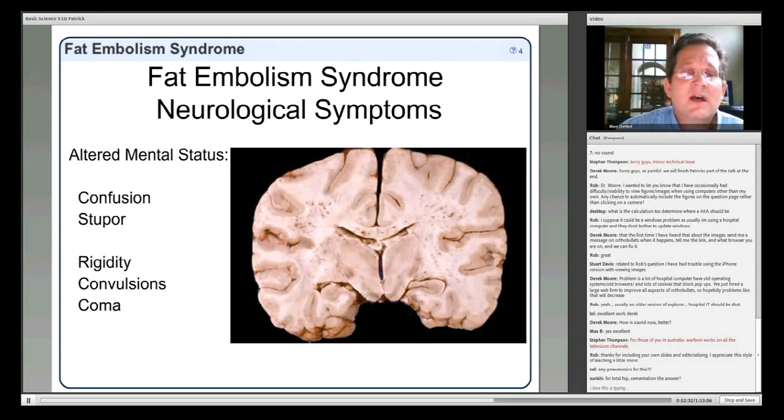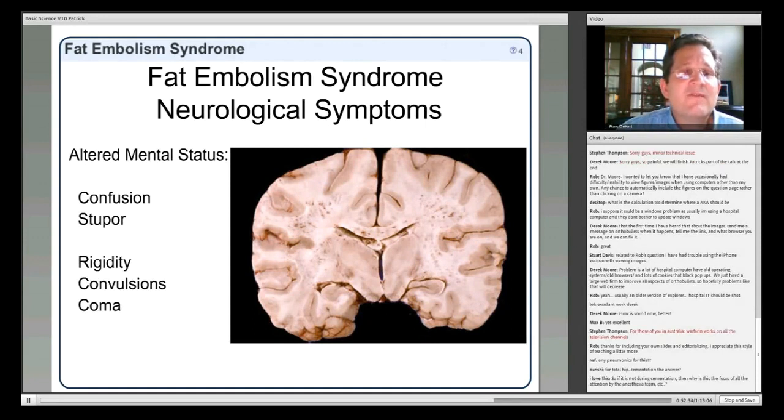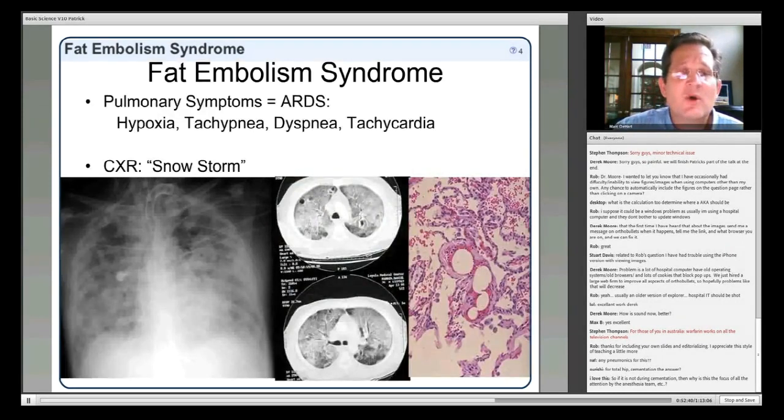This is an autopsy specimen from someone who had fat embolism syndrome, and that explains why people get confusion, stupor, rigidity, convulsions, and sometimes coma. It also, the fat globs go to your lung after it goes through that right heart, and the pulmonary symptoms are the exact same thing as ARDS: hypoxia, tachypnea, dyspnea, and tachycardia. And if you take a chest x-ray, you see this white-out snowstorm lung, either on the chest x-ray or the CAT scan.